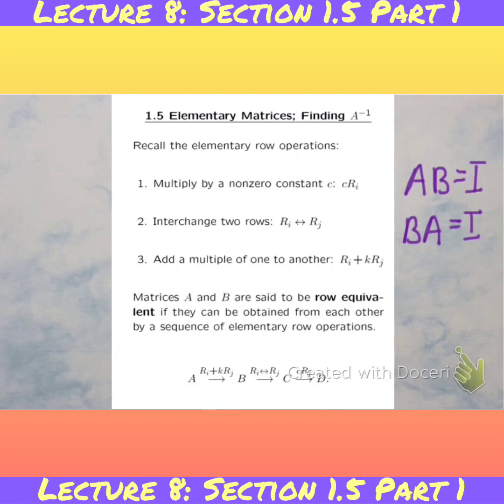That is a very inefficient way of calculating an inverse, so we want to find more efficient ways of doing so. So that brings us to elementary matrices, and elementary matrices are going to help us to find inverses of matrices.